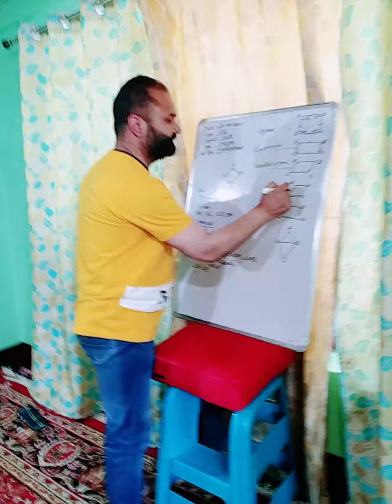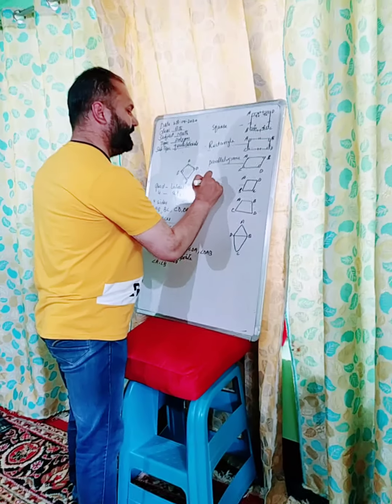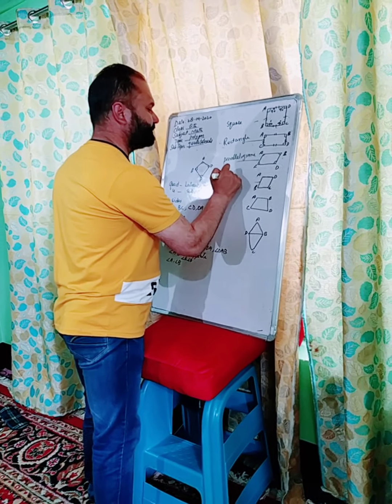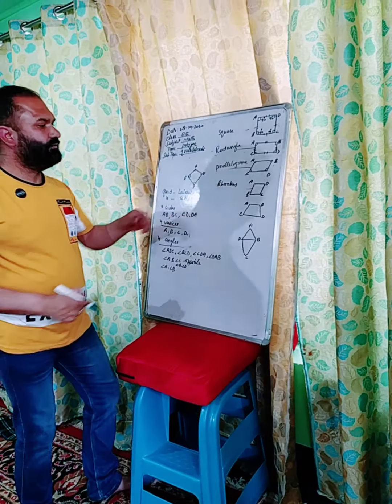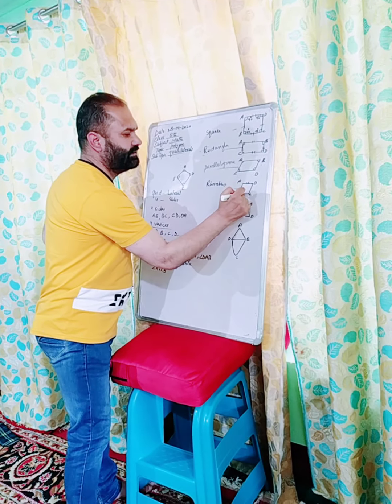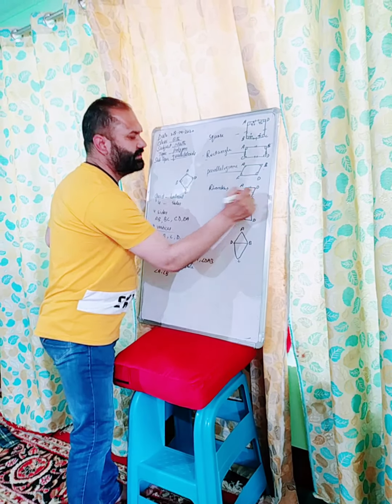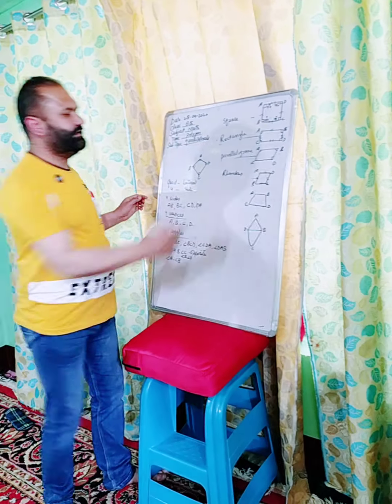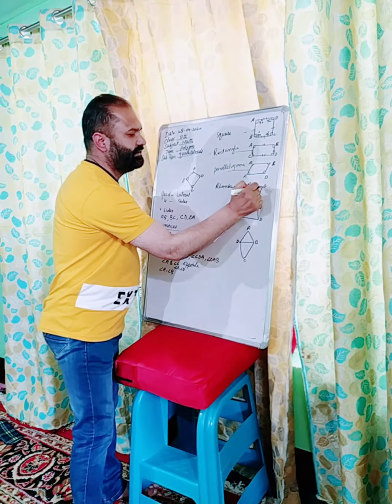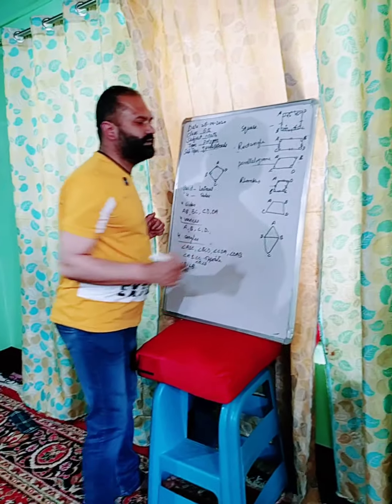And this is a rhombus. So what is a rhombus? It has four equal sides, same as a square, but not all angles are 90 degrees here. This angle, this angle, this angle, this angle, they are not 90 degrees.